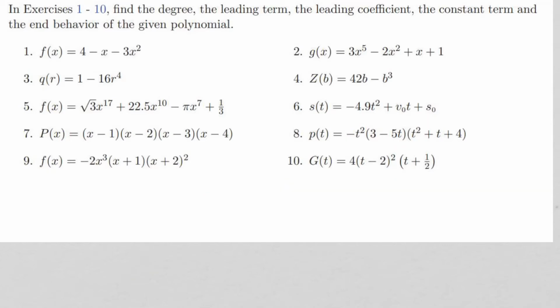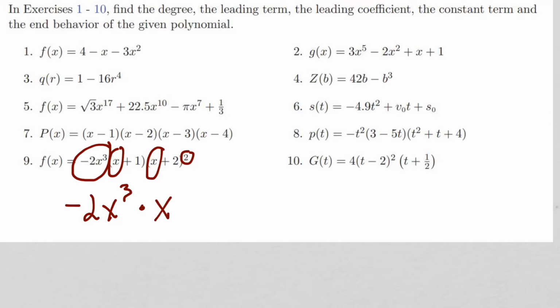Okay, the last one I'm going to do here is 9. Let's use that same strategy. I've got to find my highest power term. I'm going to take this one times this one times this one, which is going to be squared. So I've got negative 2x cubed times x squared.